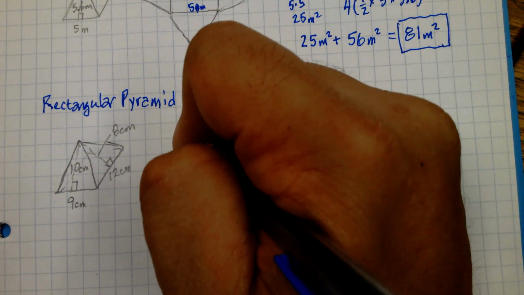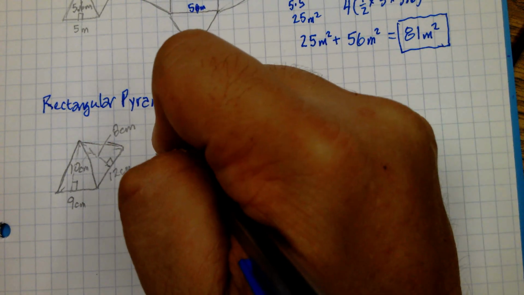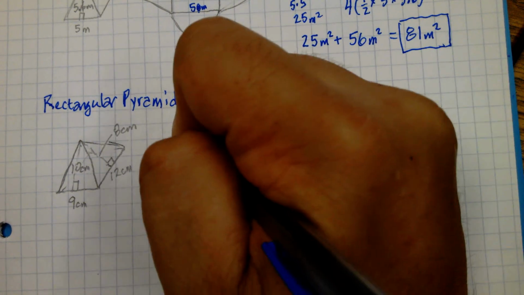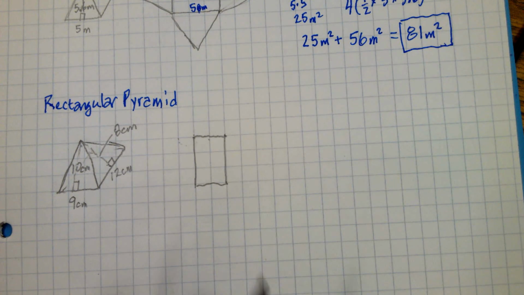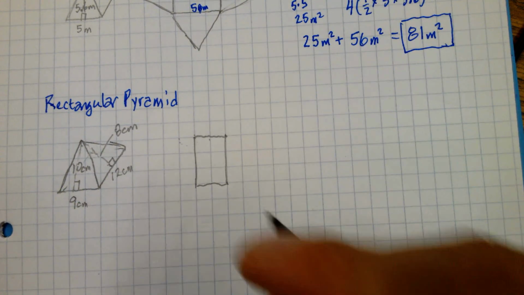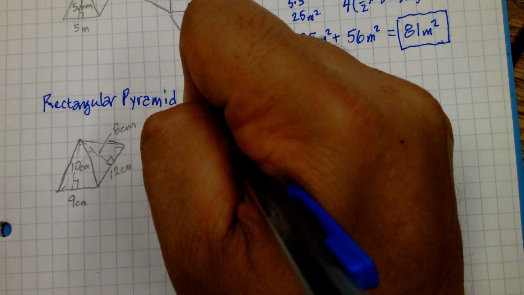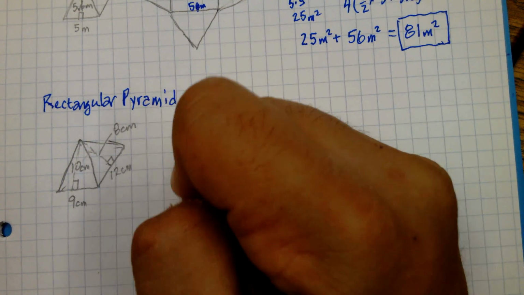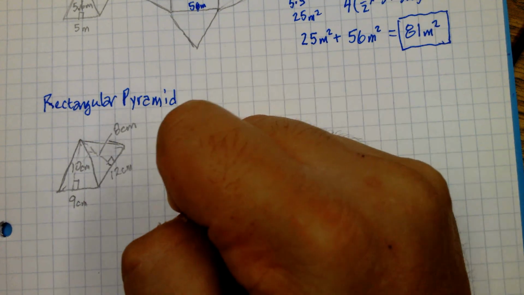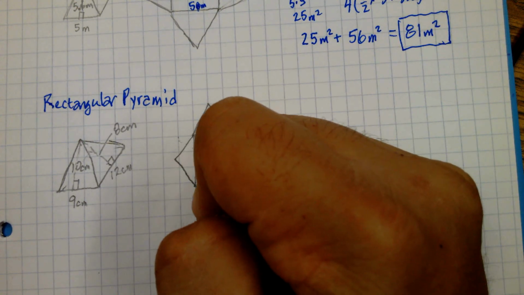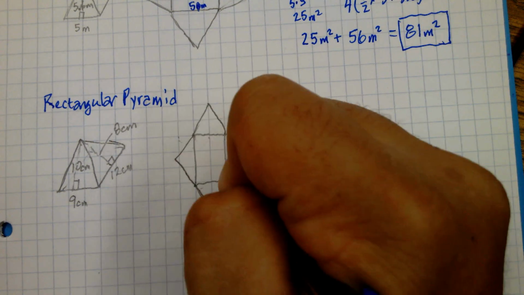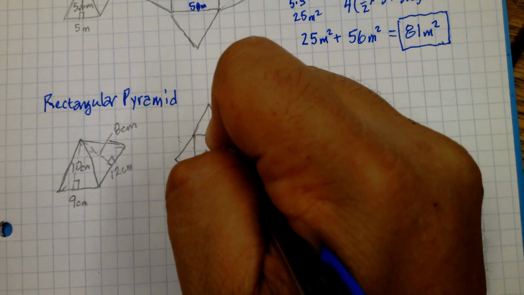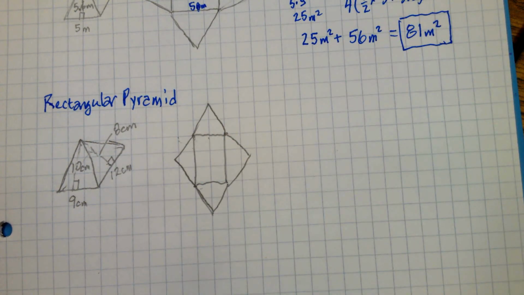Okay. So we're going to draw a rectangle. There's my rectangle that's going to represent this rectangle. And then we're going to draw triangles. Something like that.